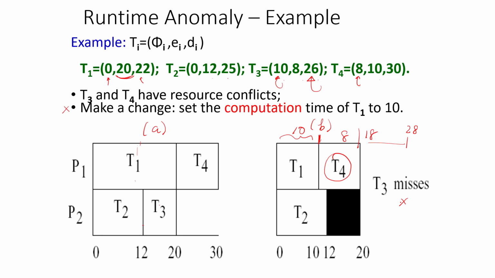T3 was not missing its deadline in the previous regime, where T1 was much longer, in fact twice as long, completing early at 20. But if we reduce the execution time of T1 from 20 to 10, we expected the system to perform better. In this case it is not performing better, which is an example of the runtime anomaly that I was discussing.